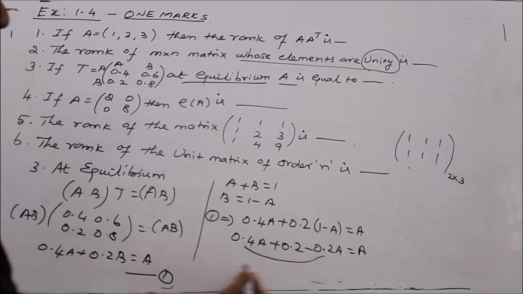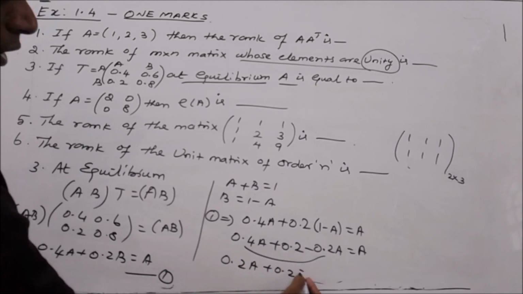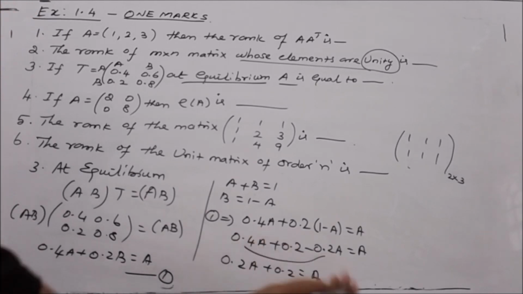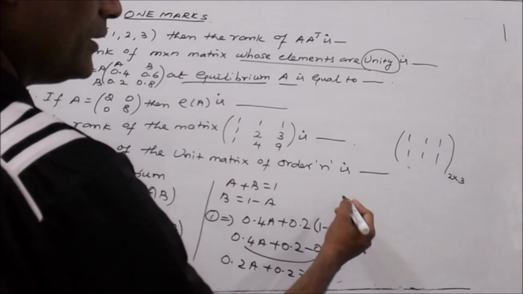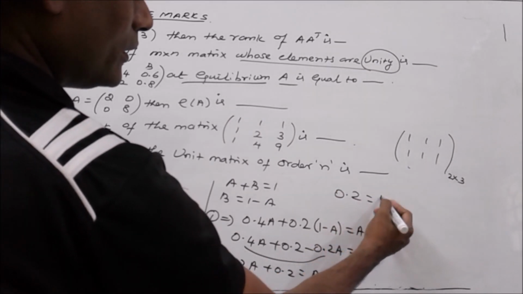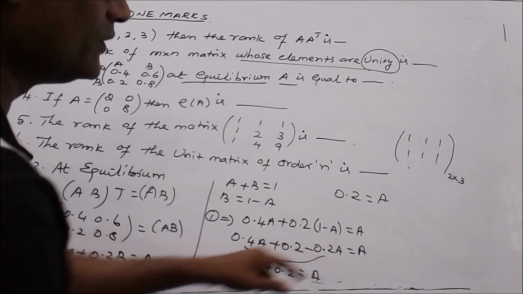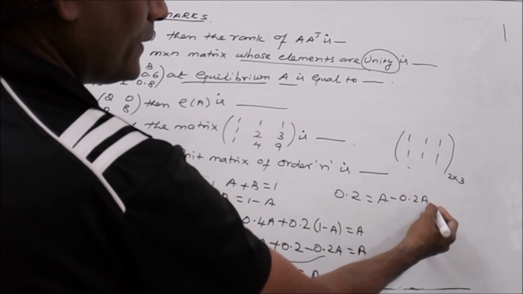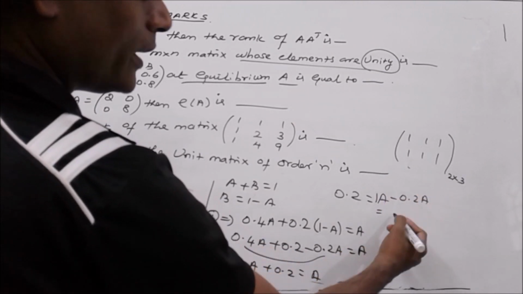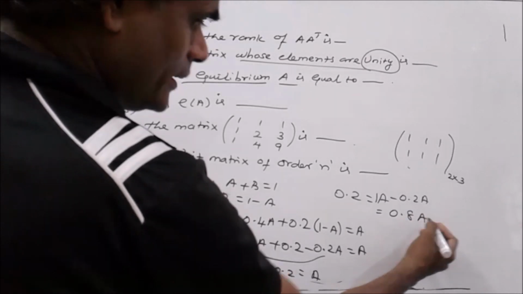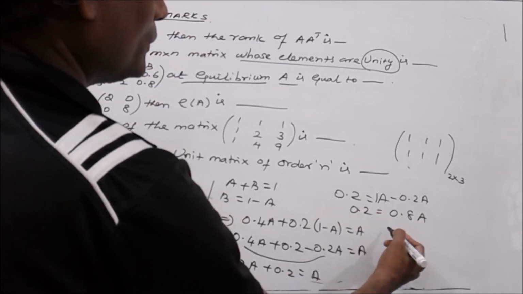Here, simplifying these two, 0.2A plus 0.2 equal to A. Now grouping A on one side and the constant on the other side, 0.2 equal to A minus 0.2A, that is equal to 1A minus 0.2A, so 0.8A equal to 0.2.